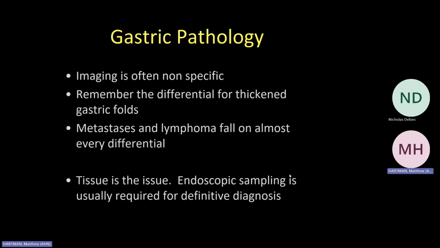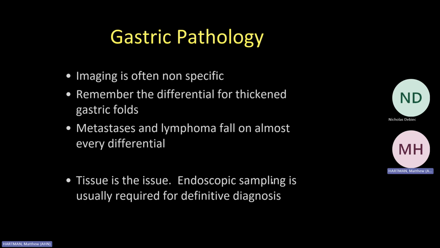So to summarize, gastric pathology is often nonspecific when we make the findings. It's often thickened walls or thickened folds. So remember that differential. And if you forget it, just remember every Hartman differential, Mets and lymphoma, almost every differential. Remembering the findings are nonspecific, tissue's the issue. Our GI colleagues are going to sample those abnormal areas.